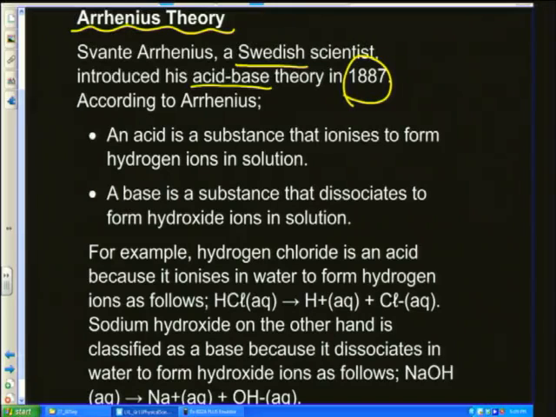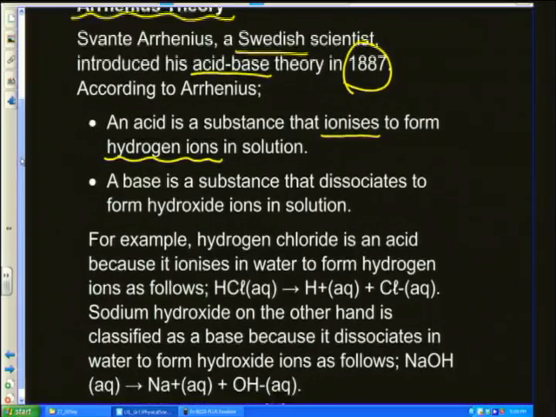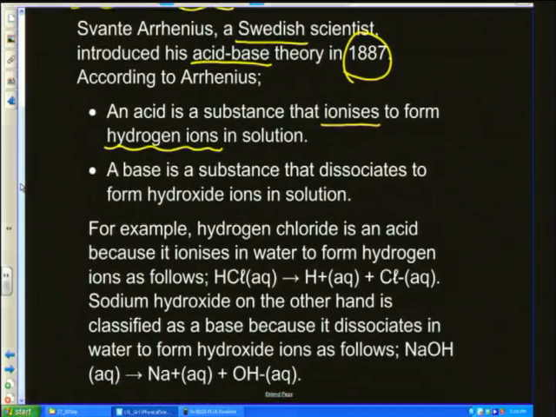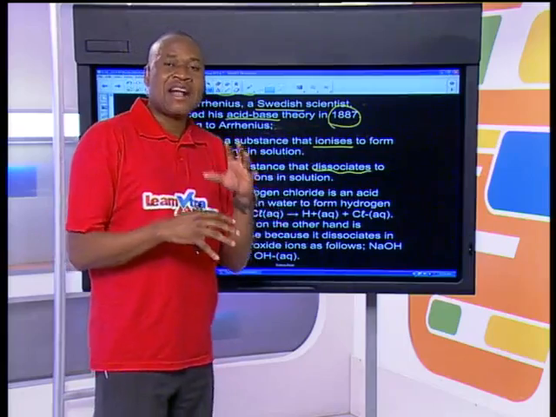Now, according to him, an acid is a substance that will ionize to form hydrogen ions in solution, and a base is a substance that dissociates. Now, ionization and dissociation. With acids, Arrhenius sees them as substances that, when you put them in water to form a solution, are going to ionize.